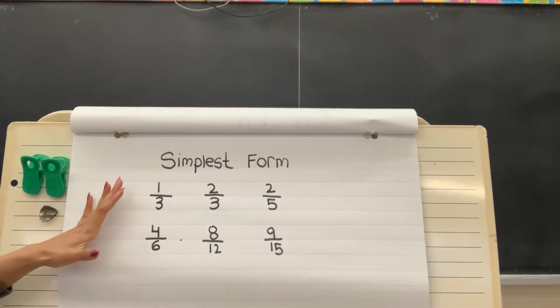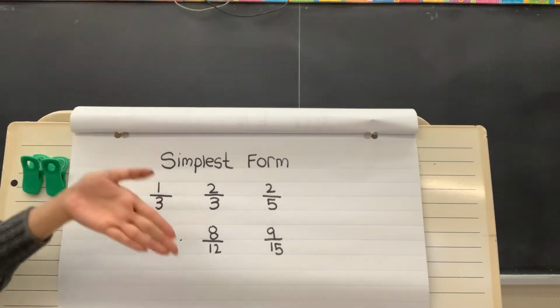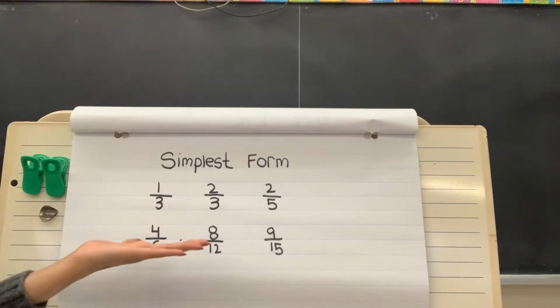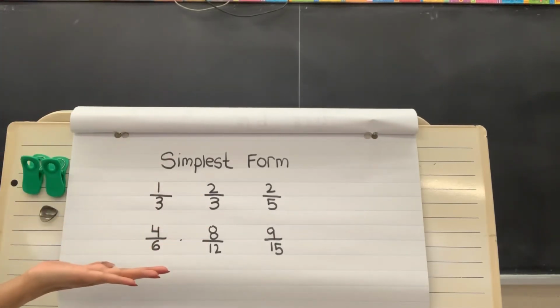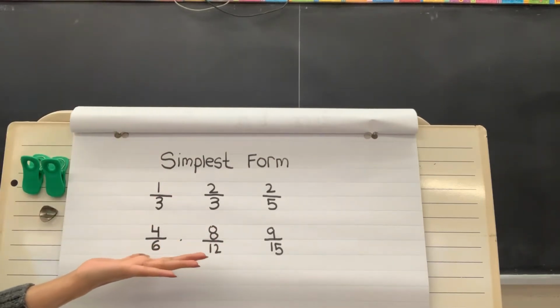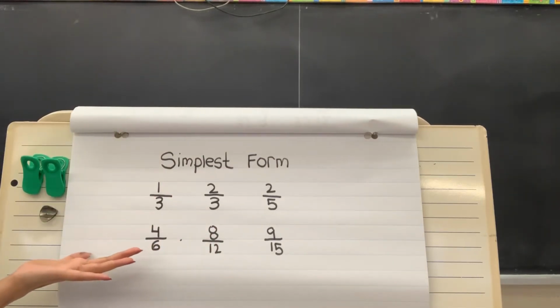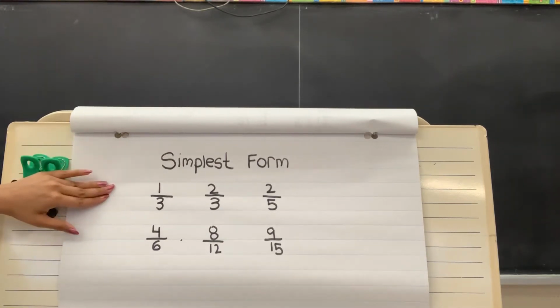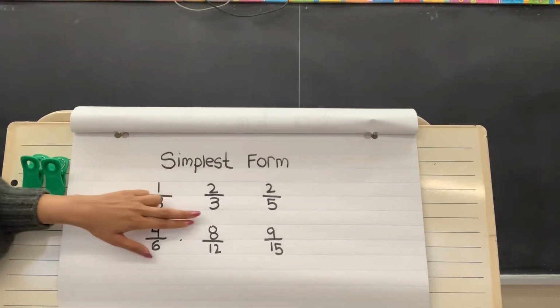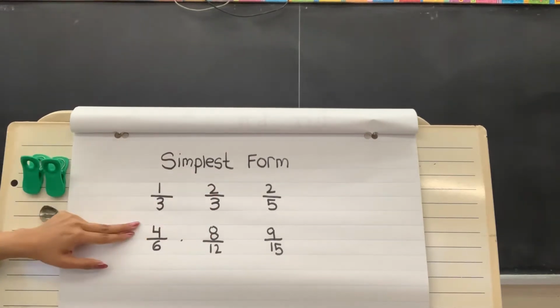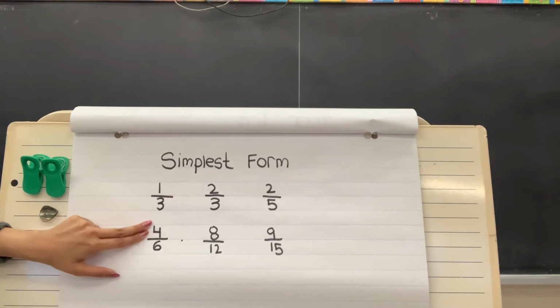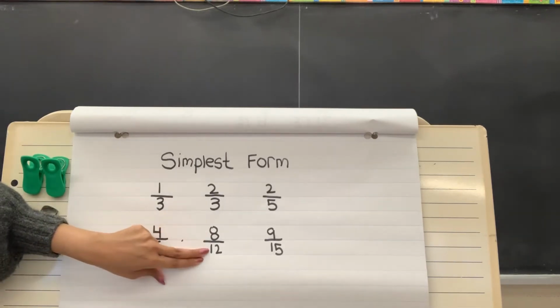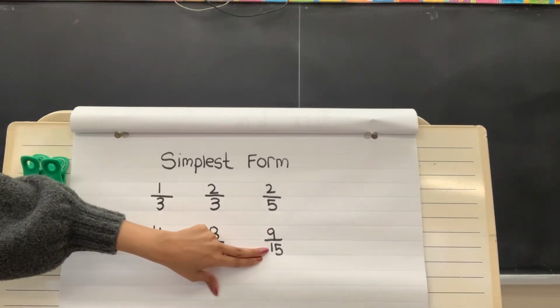So each time we move to a smaller numerator, that's called simplifying a fraction. That means we're making it simpler. Okay? Now, let us look at 1/3, 2/3, 2/5, and let us compare it to our 4/6, 8/12, and 9/15.